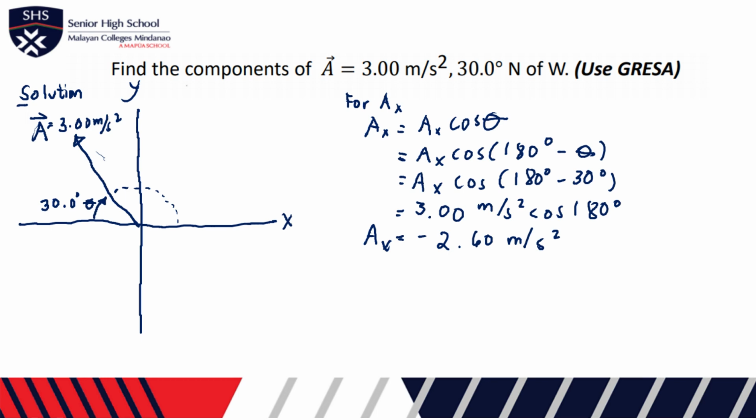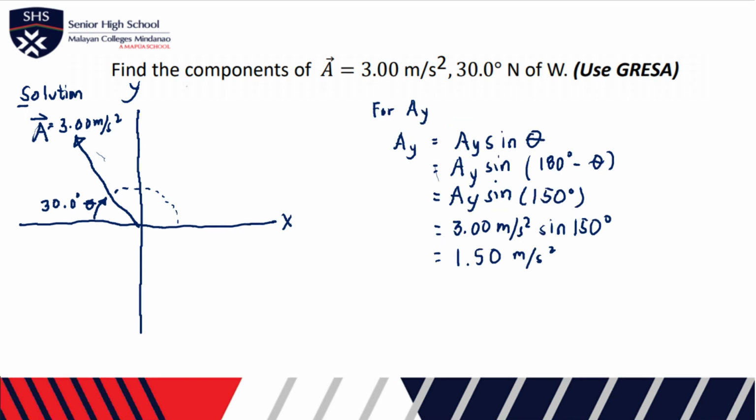So we have 3.00 meters per second squared times cos 150 degrees. It should not be 180 because we need to deduct the 30 degrees from 180 to get the complementary angle of this straight angle. If you put that on your calculator, it will give you a total of negative 2.60 meters per second squared. So this will be our x-axis component.